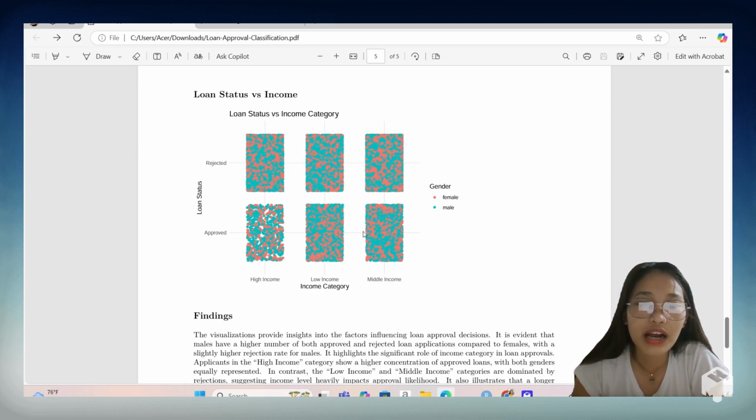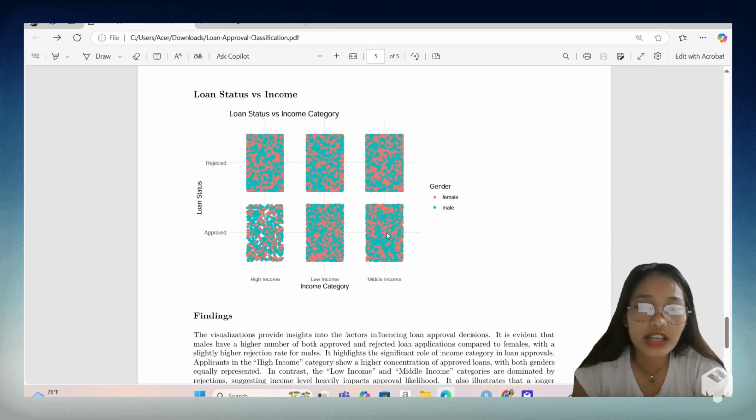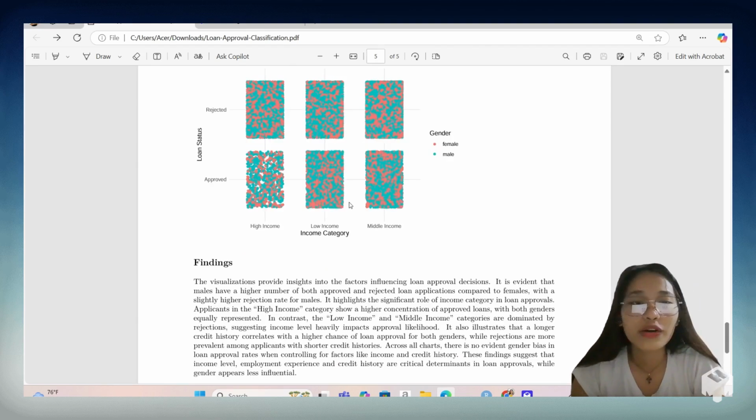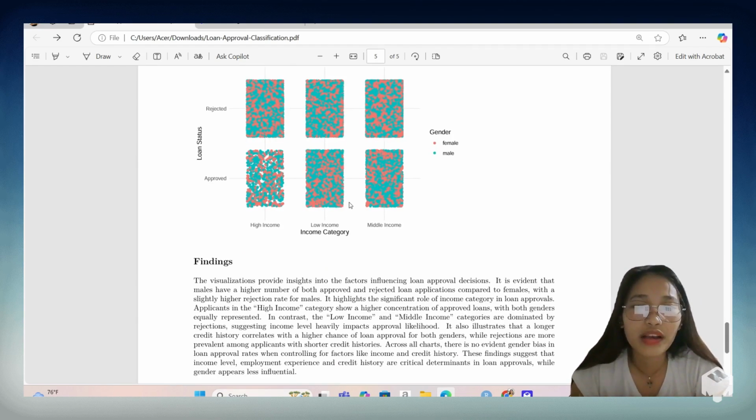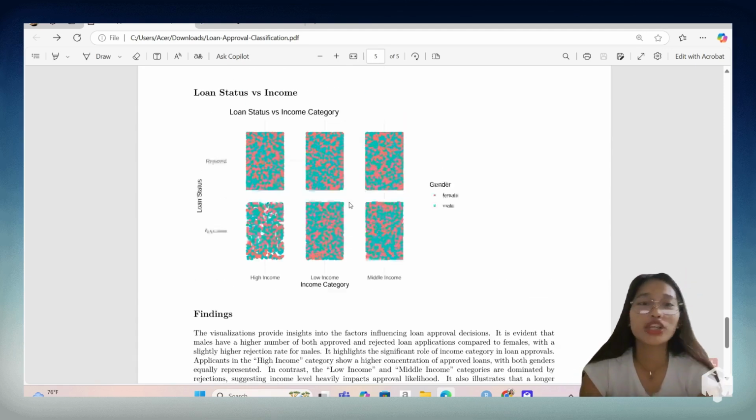I just decided to combine them. So in the middle income, here are the applicants who got approved, female and male. I have used the Geom Jitter here also.